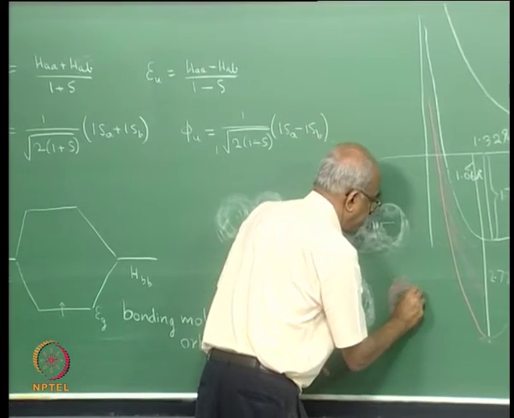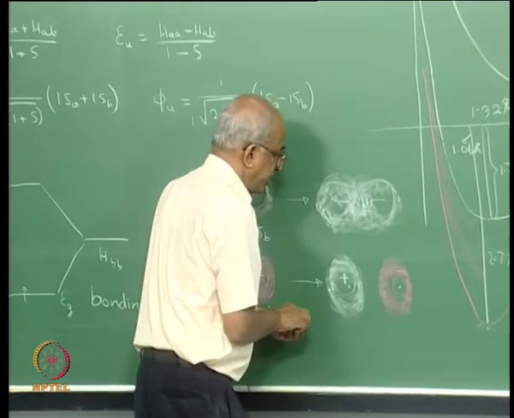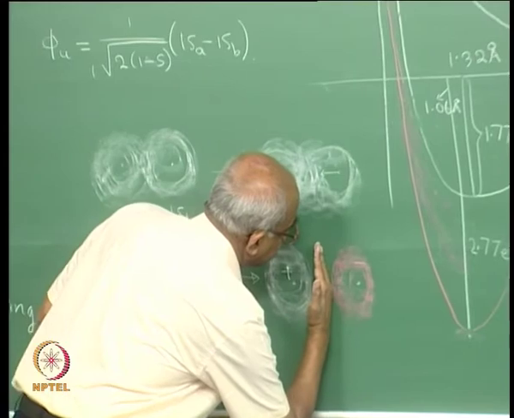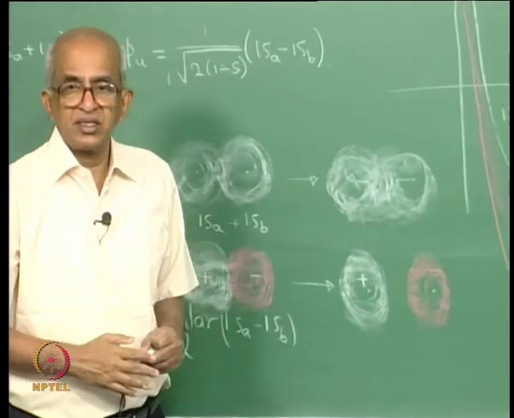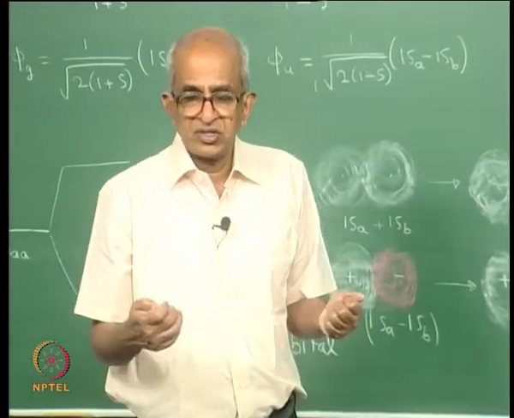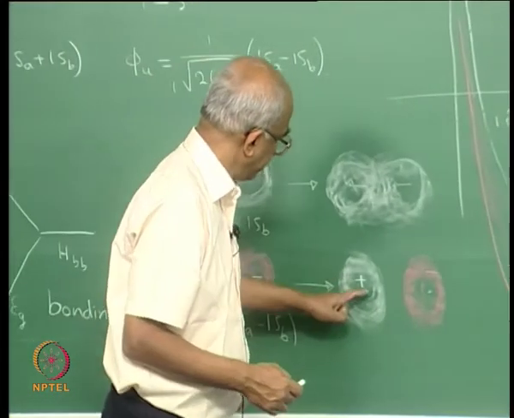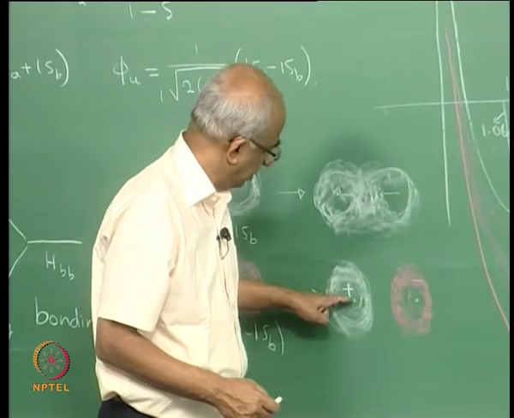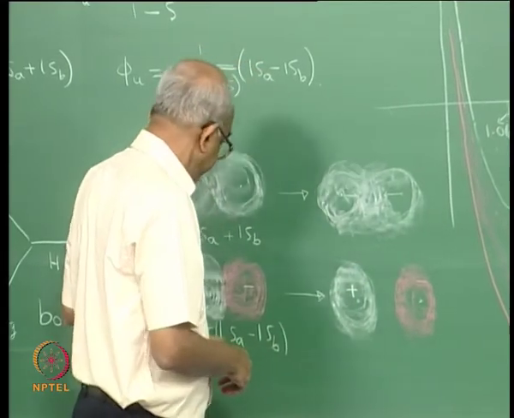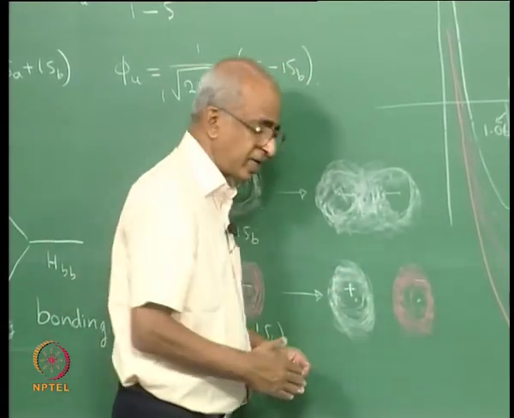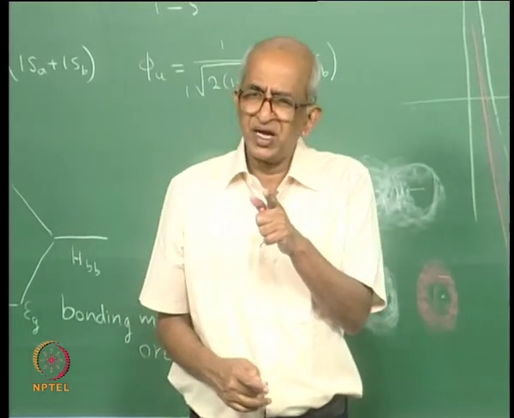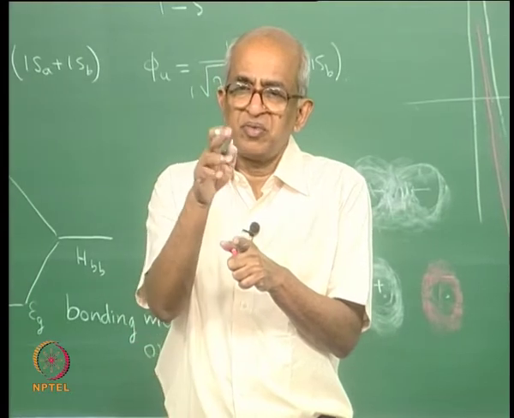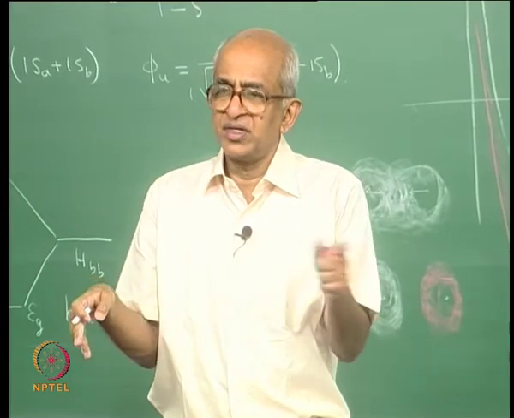And what happens in the internuclear region? Well, suppose I think of a plane like that. What is so special about that plane? The plane which bisects the bond between the two nuclei. On such a plane, 1s A and 1s B have precisely the same value, because the distance of any point in that plane from either nucleus is the same.